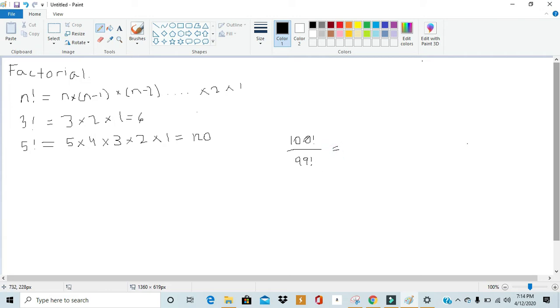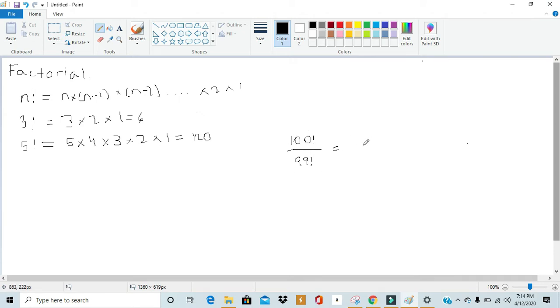99 factorial will appear in 100 factorial because 100 factorial is just 100 times 99 times 98 times 97 all the way to 1. 99 factorial is just 99 times 98 times 97 all the way to 1. So the 99 factorial will appear in this 100 factorial. And the only number left after the 99 would be 100.